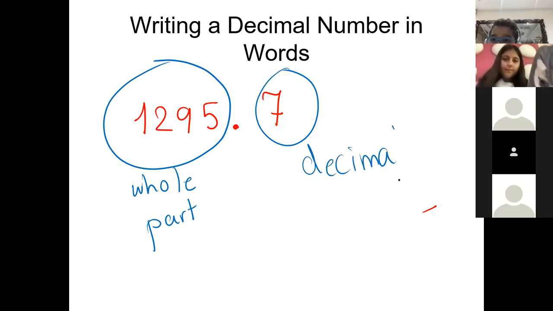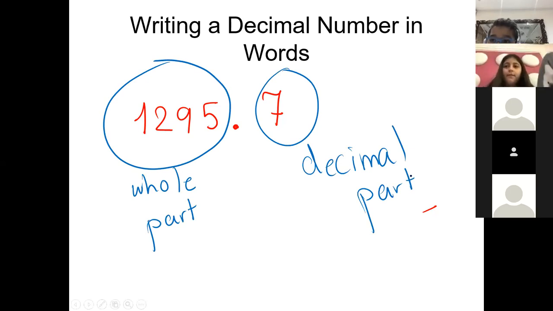Now let's write the place value of each digit. I always start with the digits that are next to the point, so the 5 and the 7. Okay. What is the place value of 5 in the whole part? We start with what? Ones. Excellent.